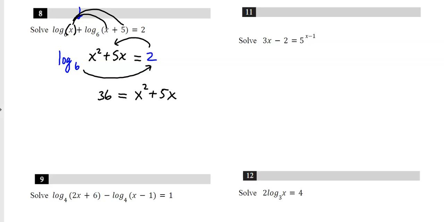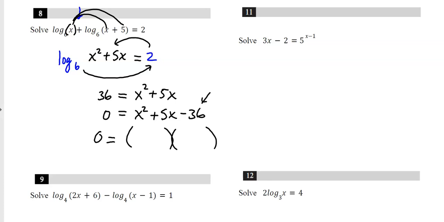At this point, I need to set it equal to 0, subtract that 36 from both sides, and now hopefully I can factor this, which I believe I can. If I factor it and use the zero product property, I should be in good shape. So 2 numbers that multiply to make negative 36 and add to make positive 5.